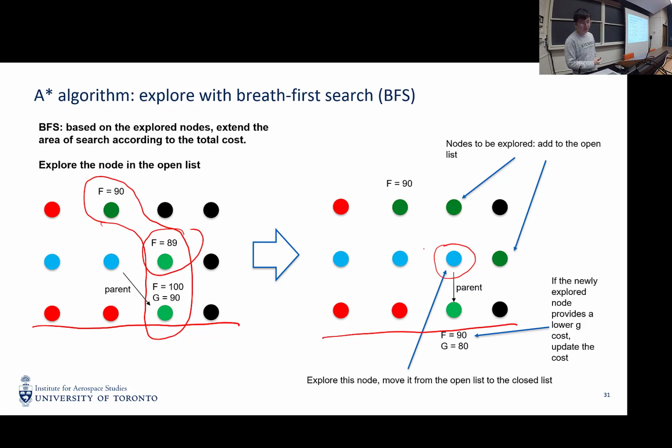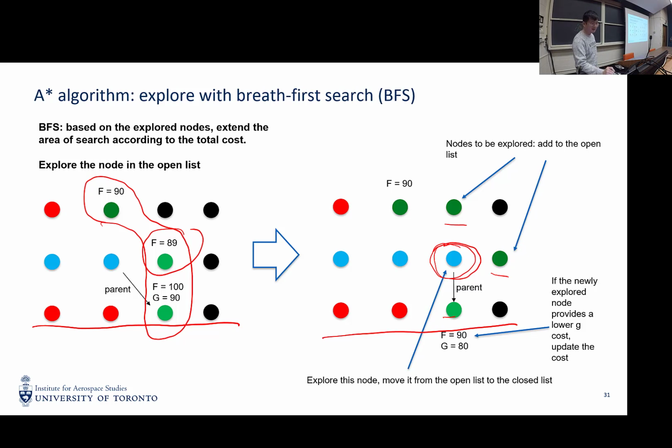And after that, for the node that has just been explored, we're going to check its neighbors. By checking the neighbors, I mean that we're going to recalculate the G cost for all the neighbors.